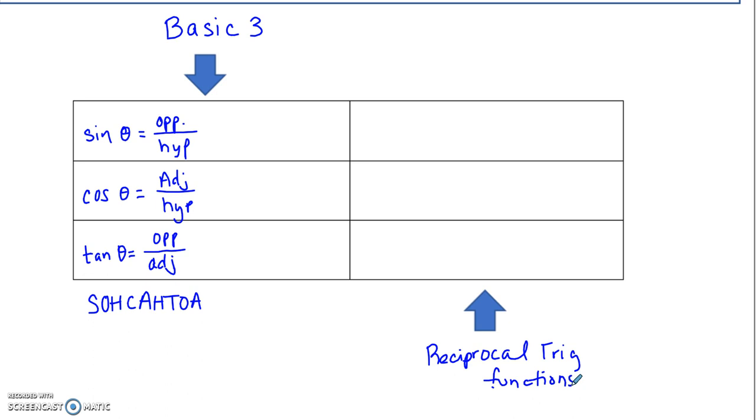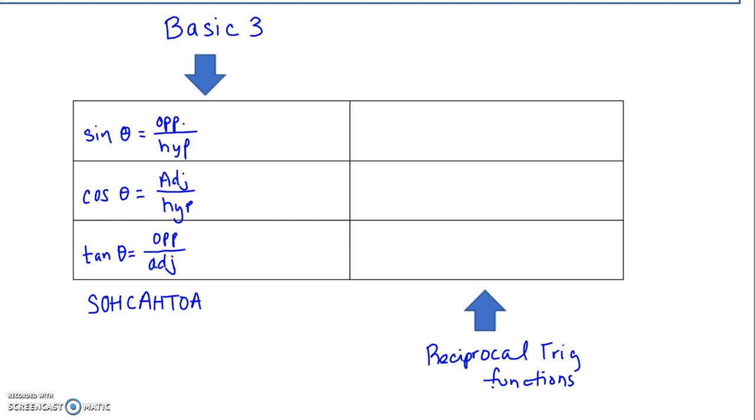We need to know what the reciprocal identities are. They're going to help us in solving. Also, you can use reciprocal identities when the unknown part of your equation is in the denominator. We can actually use it to flip.